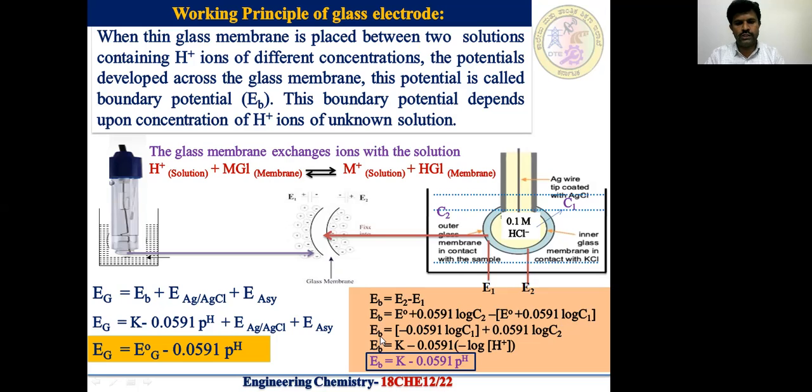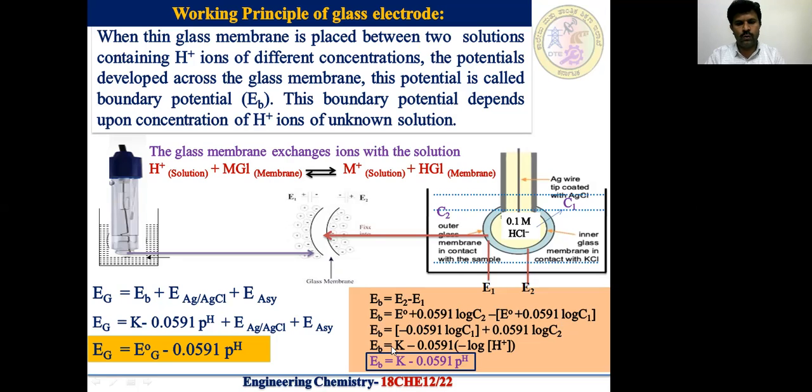So the boundary potential EB is equal to, writing this first, minus 0.0591 log C1 plus 0.0591 log C2. E0 cancels on both sides.